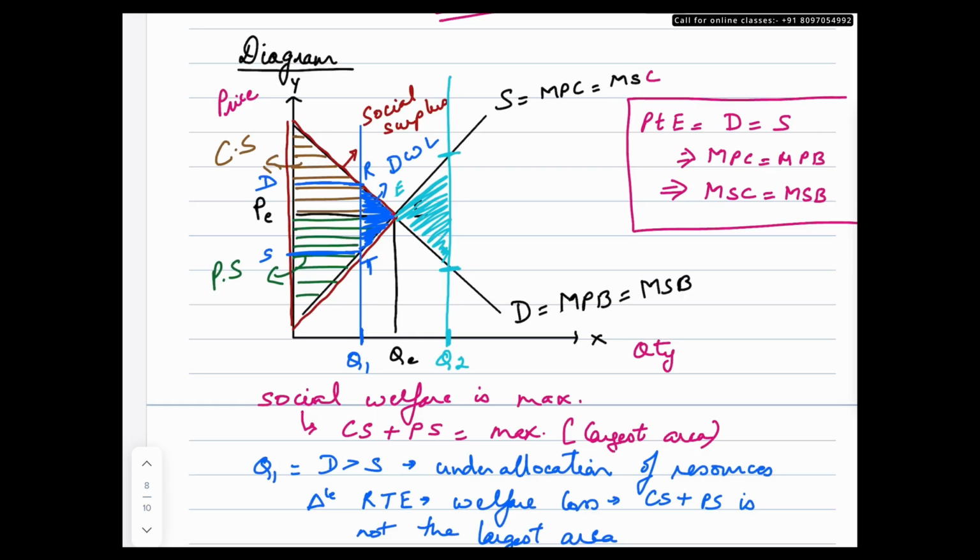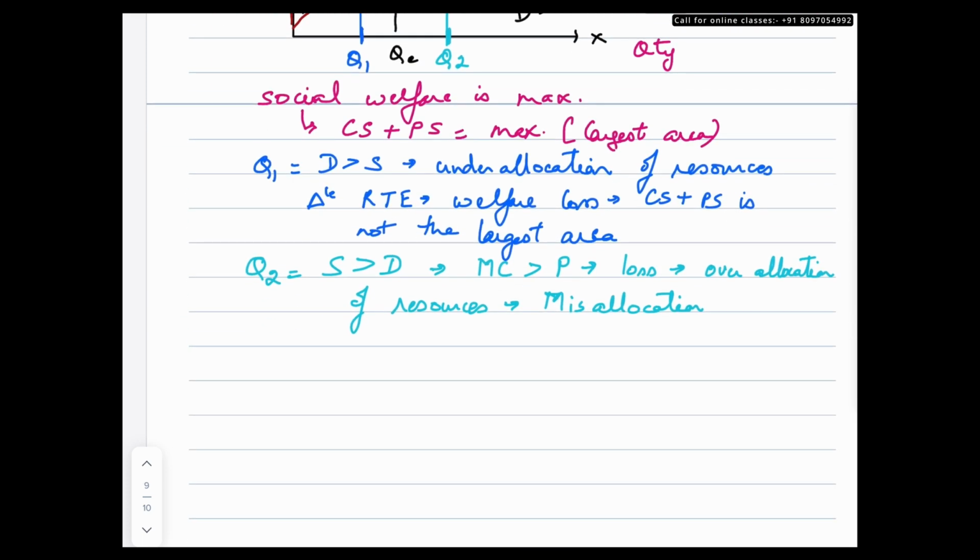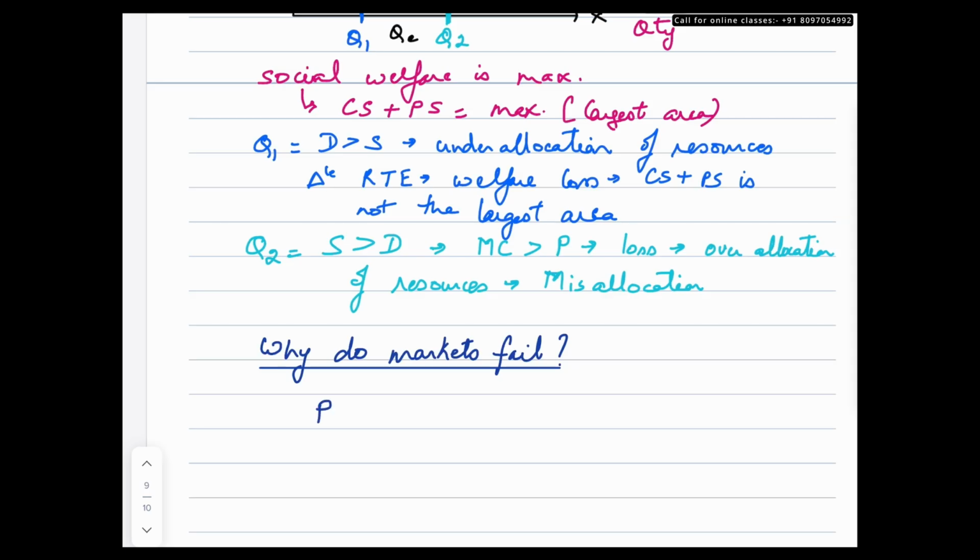But do we really get this situation in the real world? No. That's why you would see that in a free market economy, generally markets would fail. So the markets would fail when this equality is not attained, and because of this you may get two scenarios, which is over allocation and under allocation, correct?